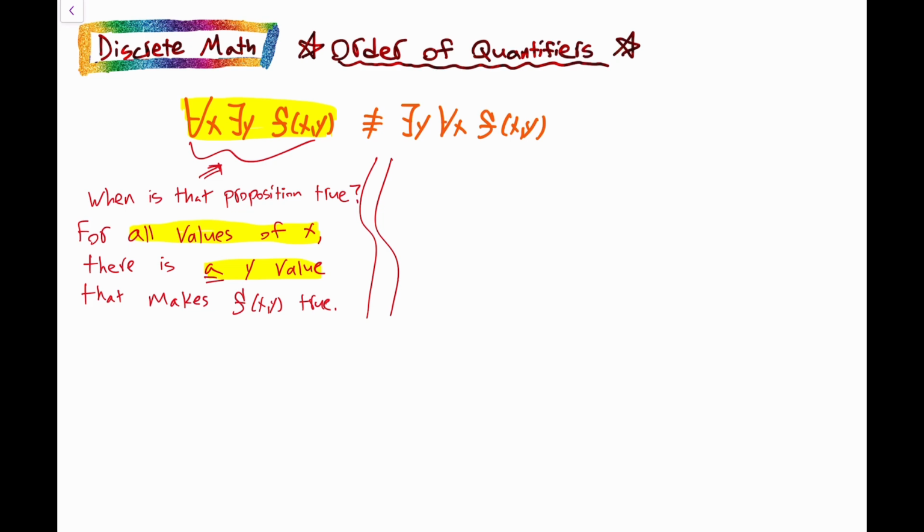On the other hand, we can consider this proposition, which again, as I said, is not equivalent to the last proposition. There exists a y such that for all x, f of xy. We'll ask the question, when is that proposition true? So there exists a y such that for all x, f of xy.